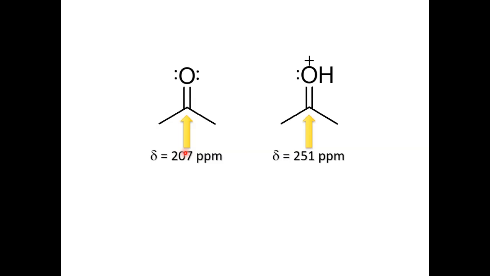What happens if you protonate it? The chemical shift further increases to a crazily high value, 251. Why? Because protonation makes the original electron deficient carbonyl carbon even more electron deficient than before.